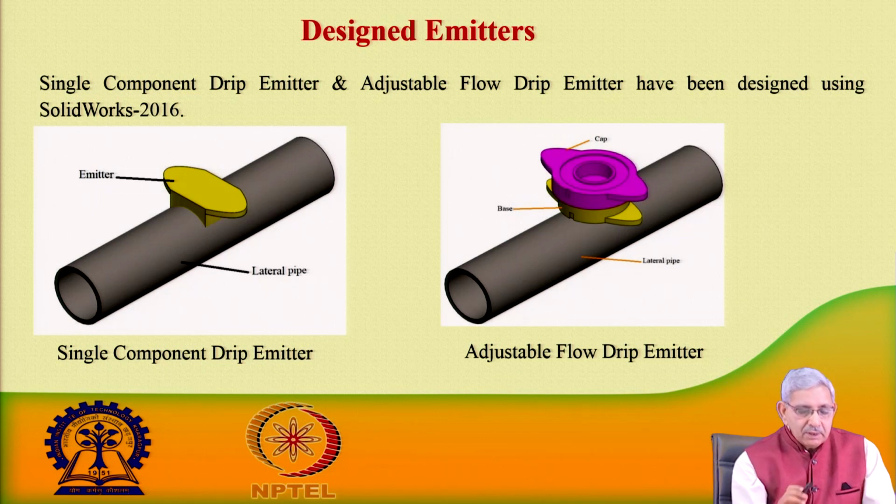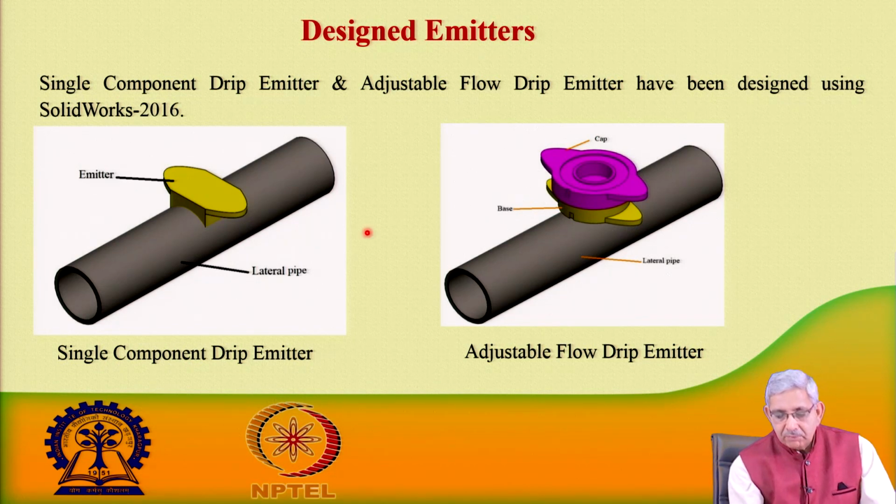So, we developed a single component dripper which is fitted in the lateral pipeline, and also a 2 component dripper. In the 2 component dripper there is a provision that we can twist and bring it to a particular position. So, it can be brought to 2 positions and adjust the flow.